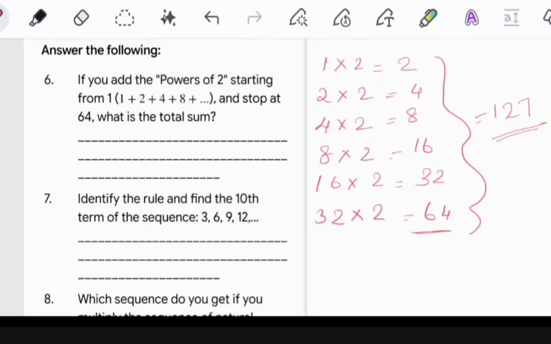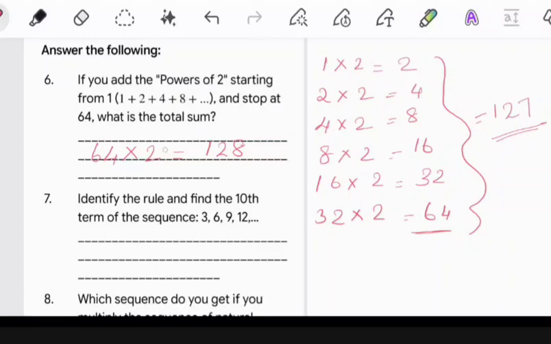Whenever you add powers of 2 starting from 1, the total sum is always exactly 1 less than the next power of 2. The next number in our pattern after 64 would be 64 into 2, which is 128.